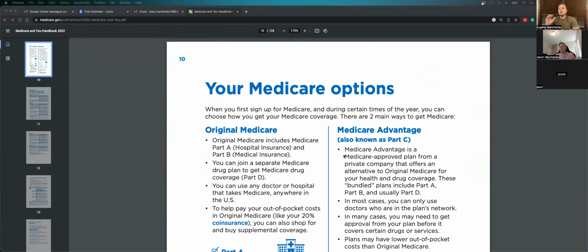And so the way that I'm going to explain this to you is how I try to explain it to somebody who is new to Medicare but doesn't understand what to do. And so what happens, and I'll stop sharing for just a second, is people get hundreds of phone calls every single week.